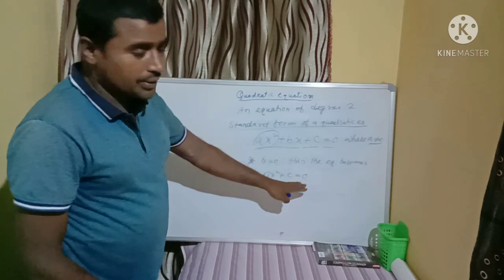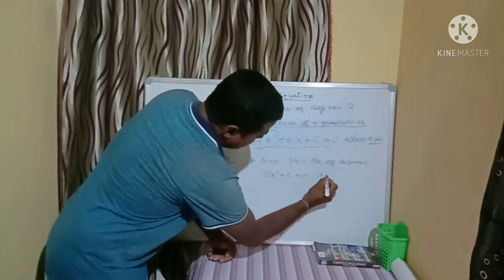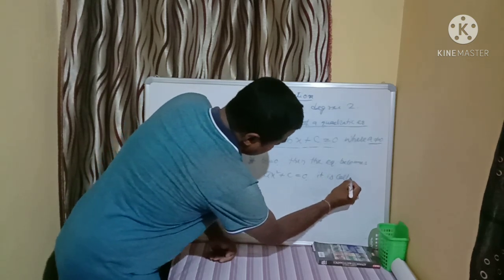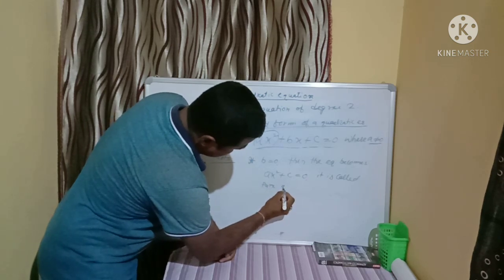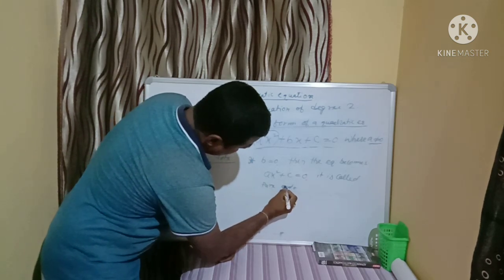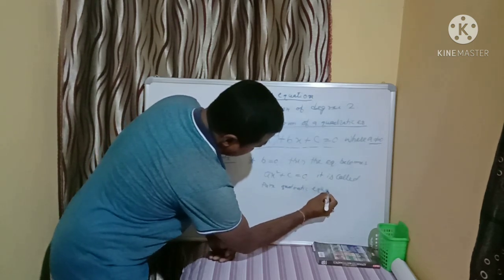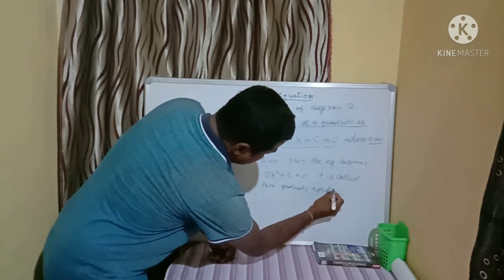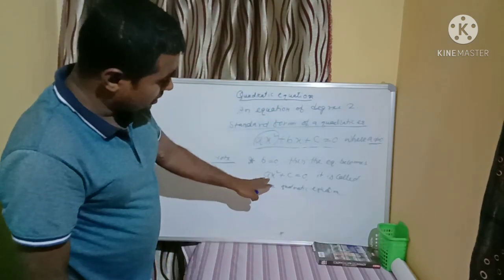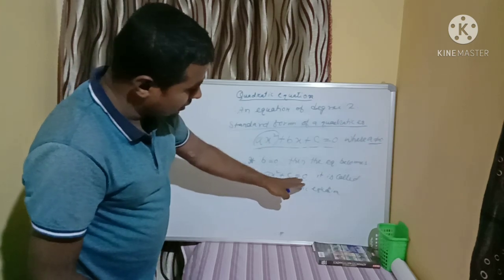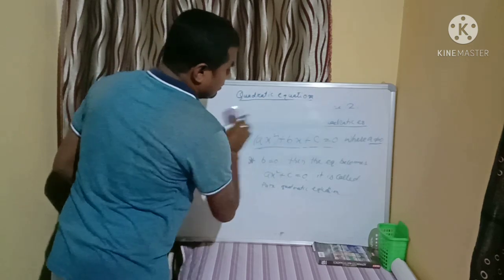So a pure quadratic equation is in the form of ax square plus c equal to 0. Some examples of pure quadratic equations I can give here.